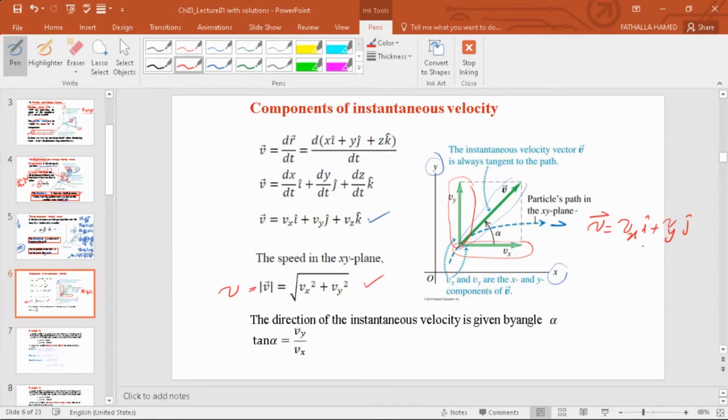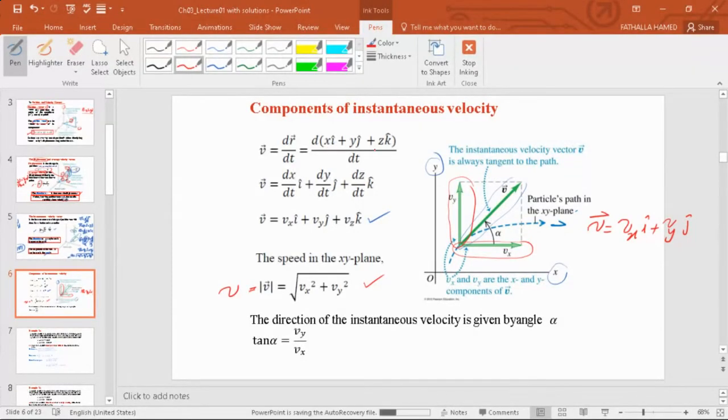Now remember here, we use the symbol v and put a subscript x to denote the x component of the velocity, and v with subscript y to denote the y component of your velocity. But when we dealt with your vector r, we wrote x, y, and z.